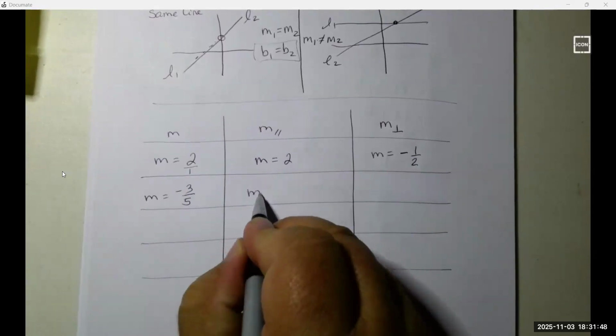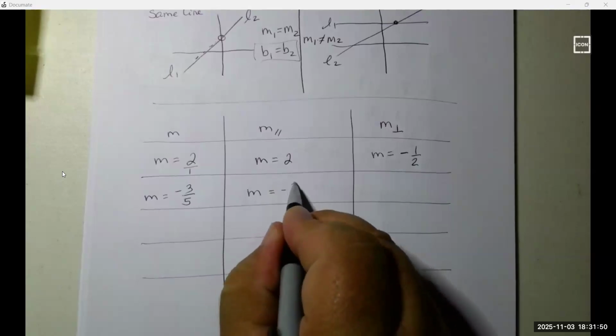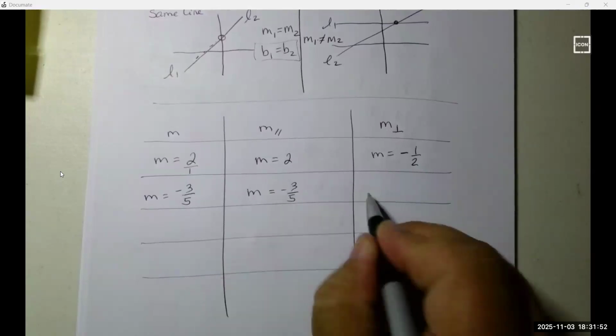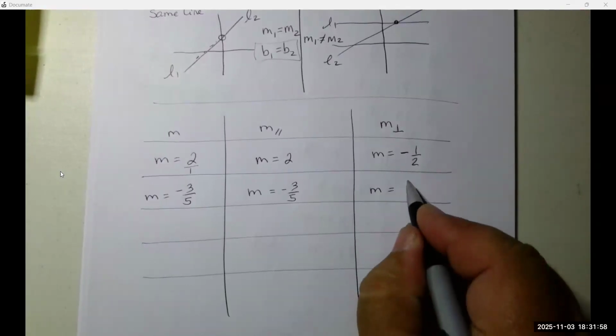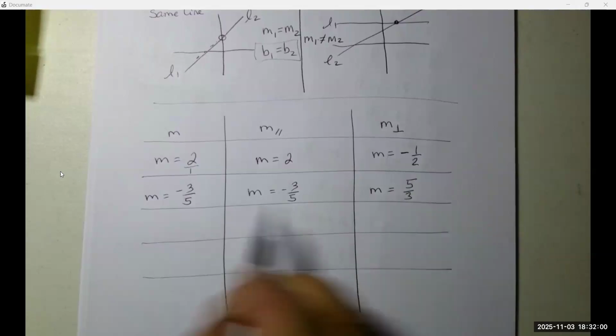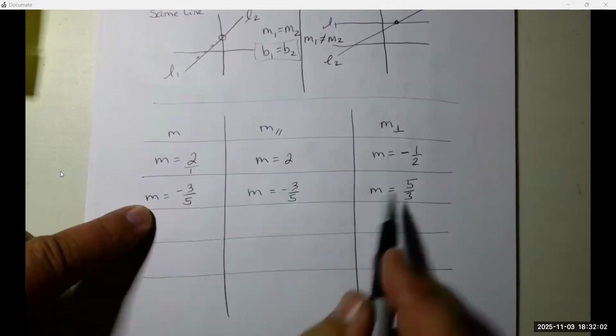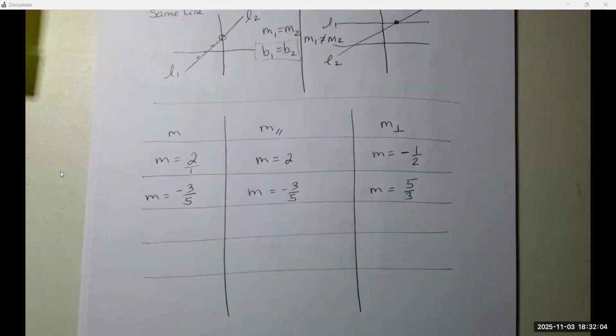Very good. So this one would be negative. It'd be the same. What would the perpendicular slope be? +5/3. Change the sign and flip the numbers. That's it. Very good.